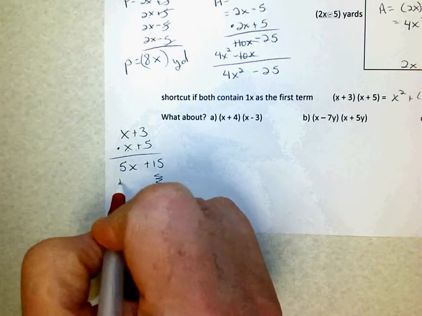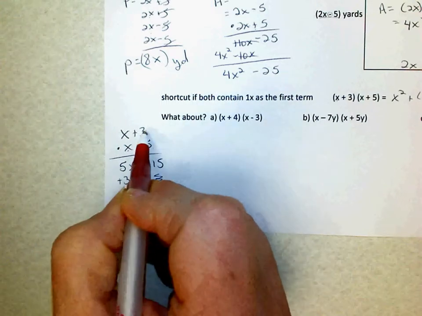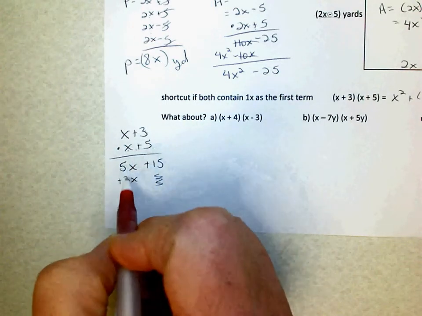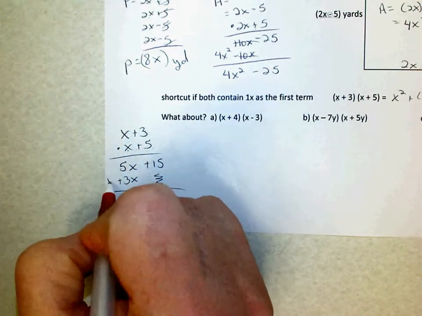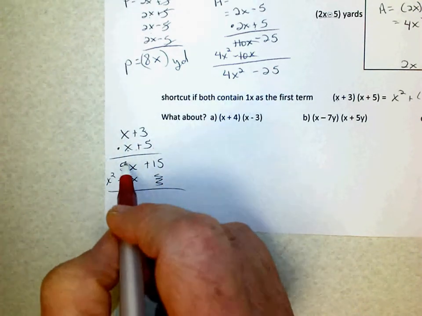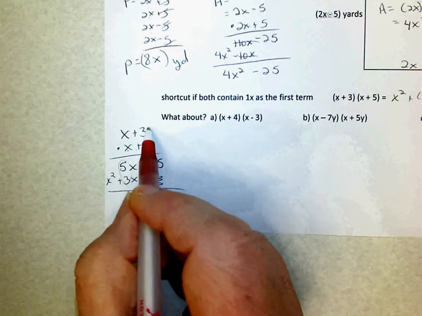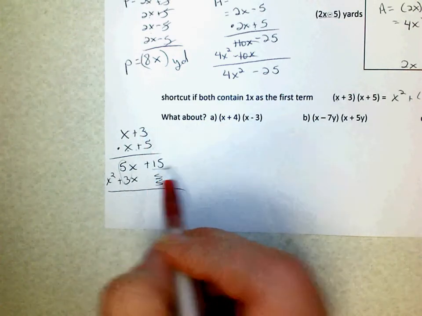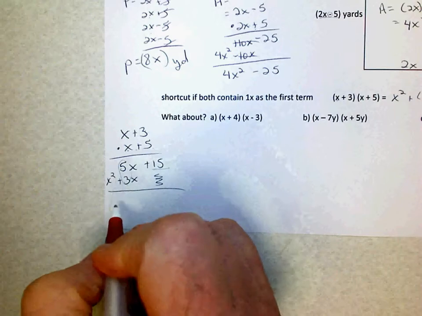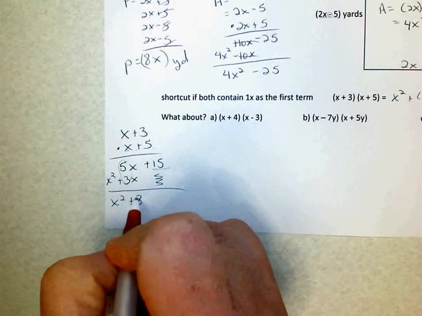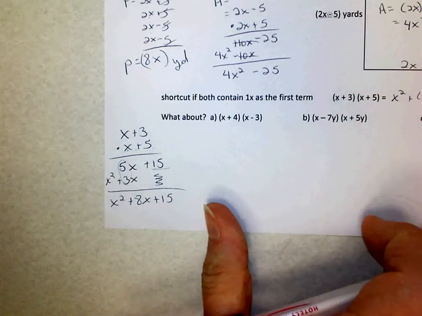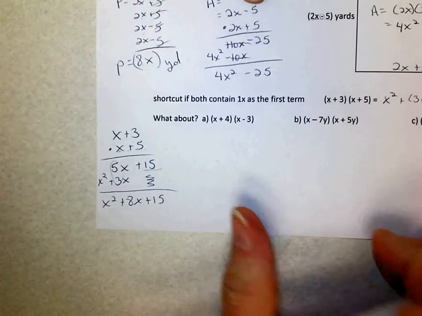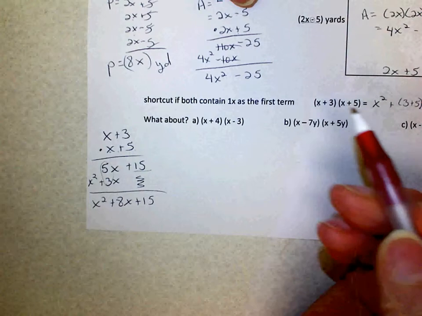So what did I do with the 3 and the 5? I'm going to add them. And x times x is x squared. And what did I do with the 3 and the 5 here? I times them. So x squared plus 8x plus 15. So, how sneaky is that shortcut? I love it.